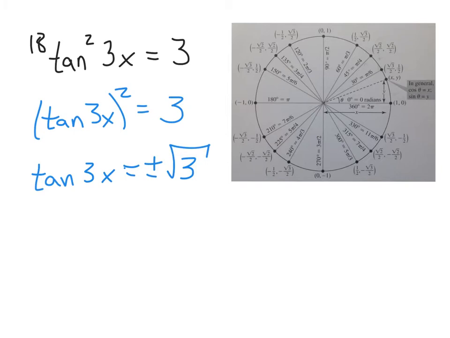If you really had all your unit circle memorized, this gets pretty easy. If you don't, then you've got a little bit of work to do. Remember that tangent is sine over cosine, and we're looking for a sine divided by a cosine coordinate that would yield a radical 3 or a negative radical 3.